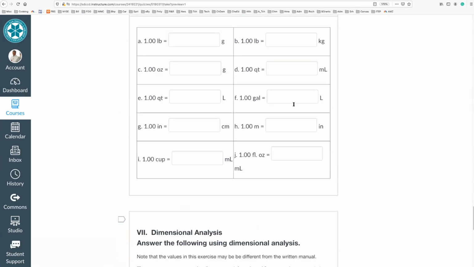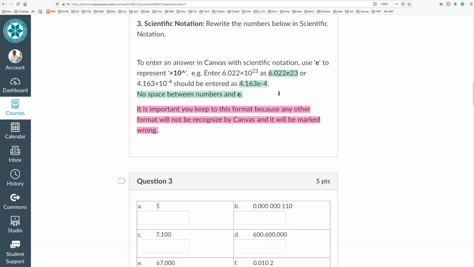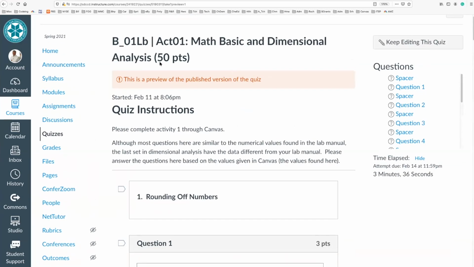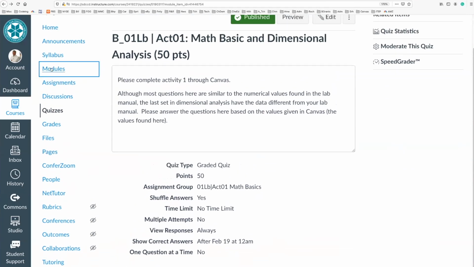Okay, and then you get to conversion factors. Make sure that when you use that, you go back over here and use this page in order to determine what conversion, because conversion factors actually vary from book to book.